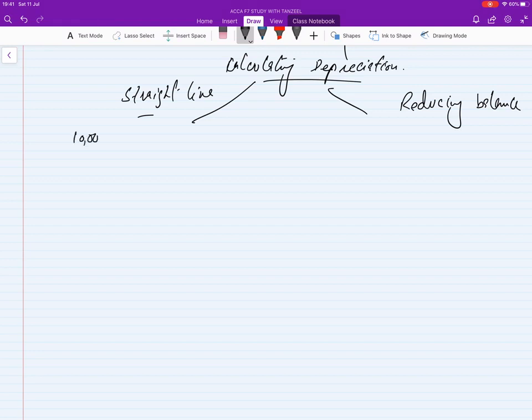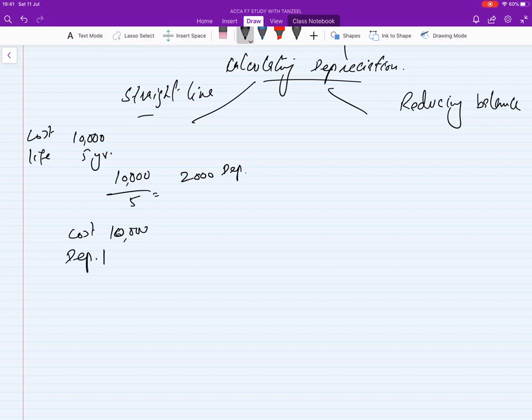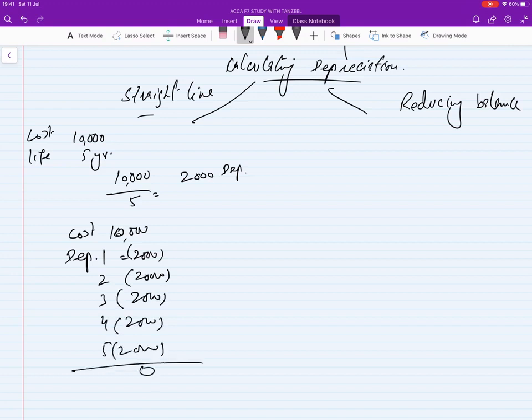If you have 10,000 cost and you have the life of 5 years, then 10,000 divided by 5 years will give you 2,000 depreciation. So if you have cost 10,000 and depreciation year 1 2,000, year 2 2,000, year 3 2,000, year 4 2,000, and year 5 2,000, and then you will have nil.